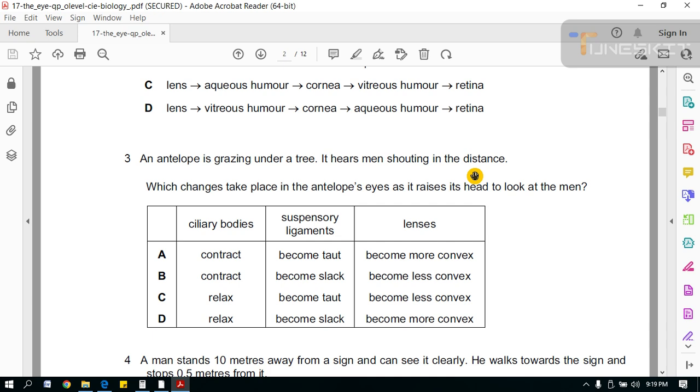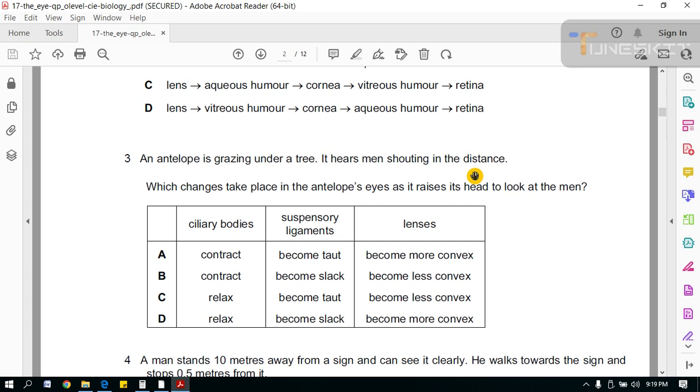Because suspensory ligaments are taut now, which are tightened, and they further stretch the lens. As a result, the lens becomes thin, and this is how it becomes less convex. So option C is correct in this case.